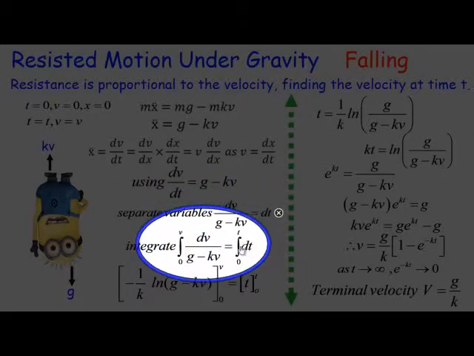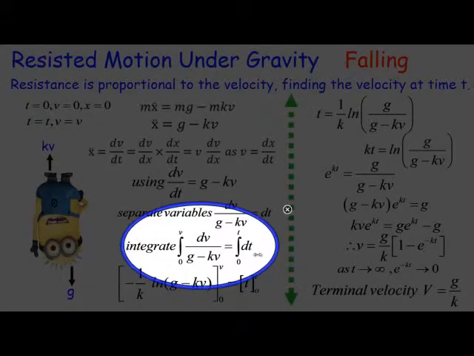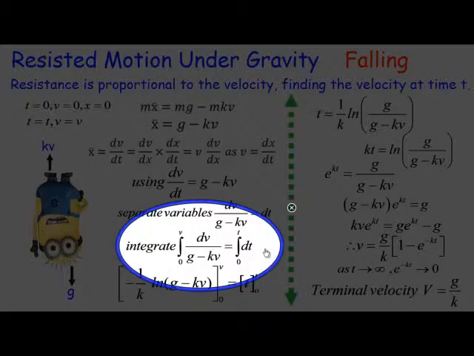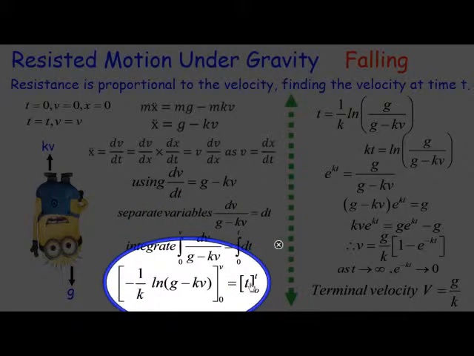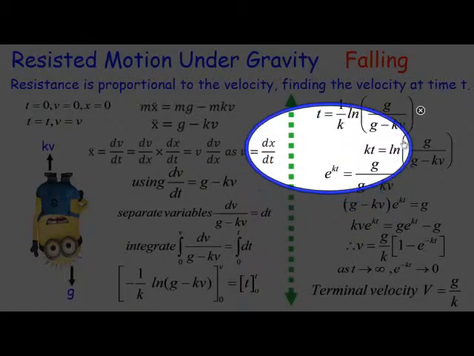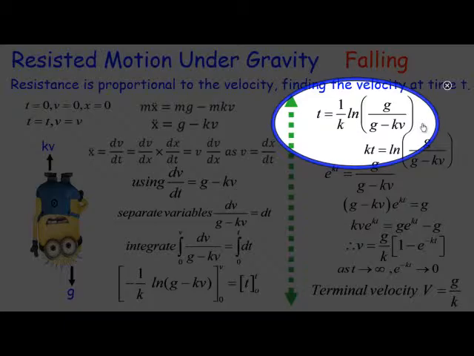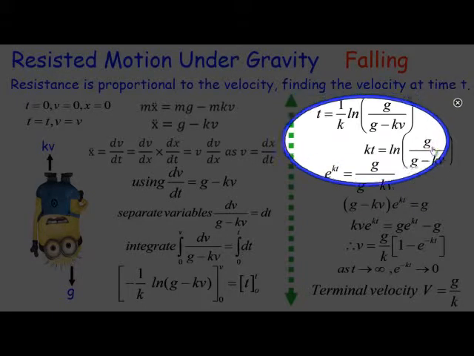Then we integrate. You can see here, let's try and make it a little bit bigger. And here we are. Okay, so we integrate from 0 to v of dv and 0 to t of dt, which is going to give us t obviously down here, and it's going to be a log. So we now have t is equal to 1 on k log g over g minus kv, multiplied by k.